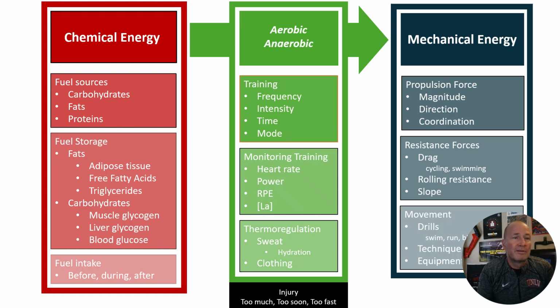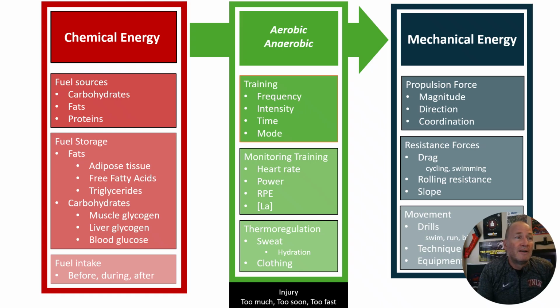We also want to concern ourselves with monitoring training by monitoring things like heart rate, maybe power, rating of perceived exertion, which is a psychological metric, a psychometric, or maybe even look at lactic acid or a number of other metrics that can be monitored for training and the stress that we're imposing to the body. And we really want to pay attention to thermoregulation.